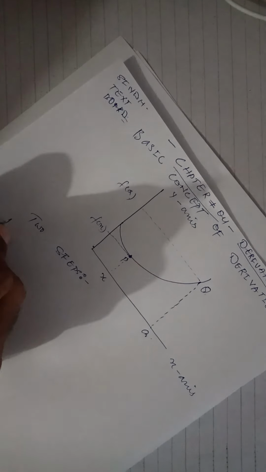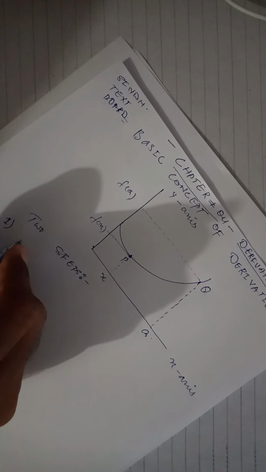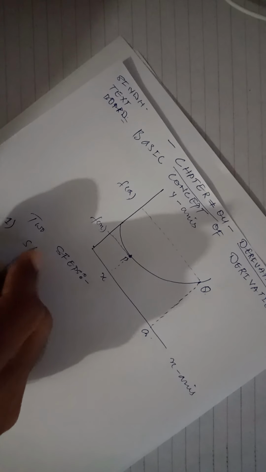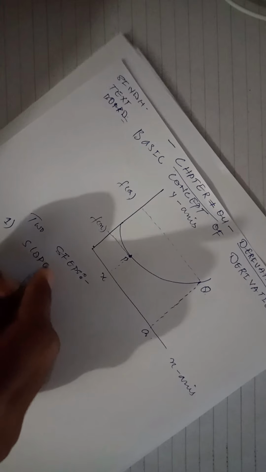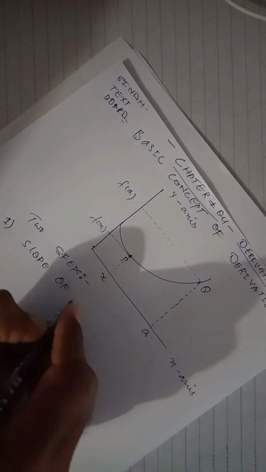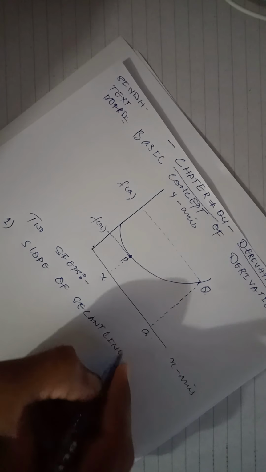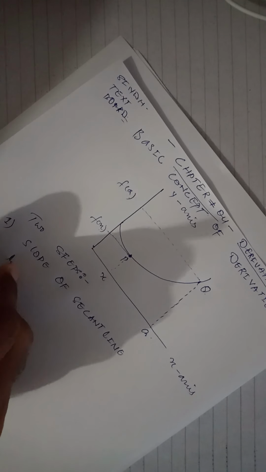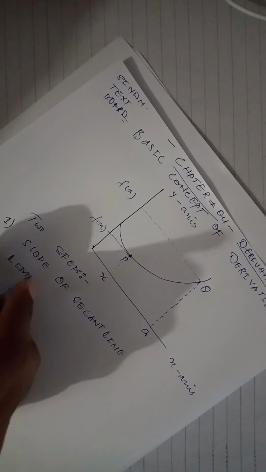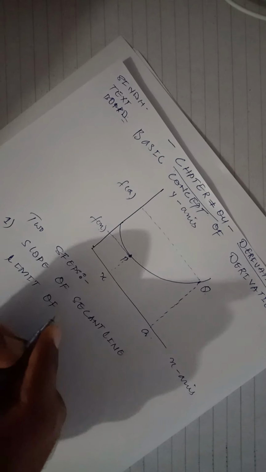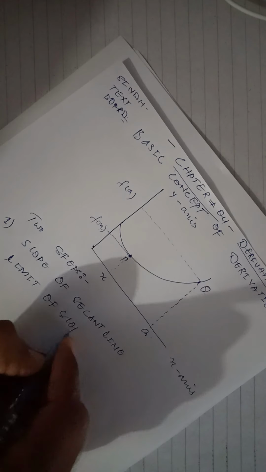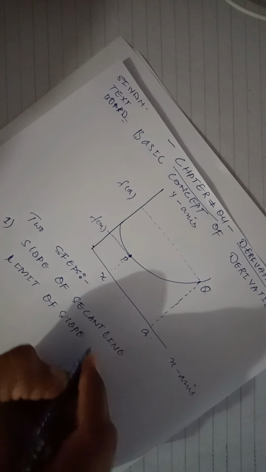The first one is the slope of the secant line, and the other one is the limit of the slope of the secant line.